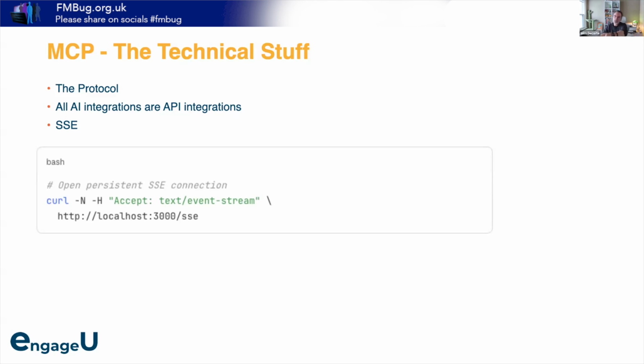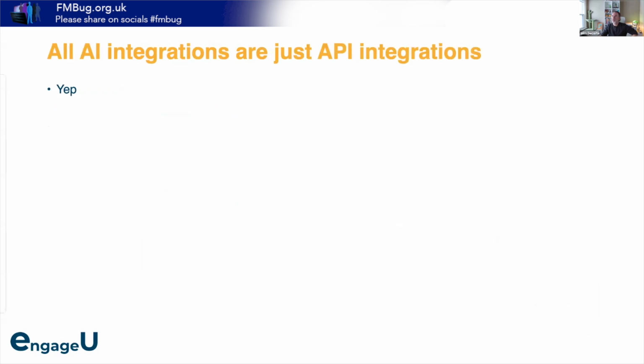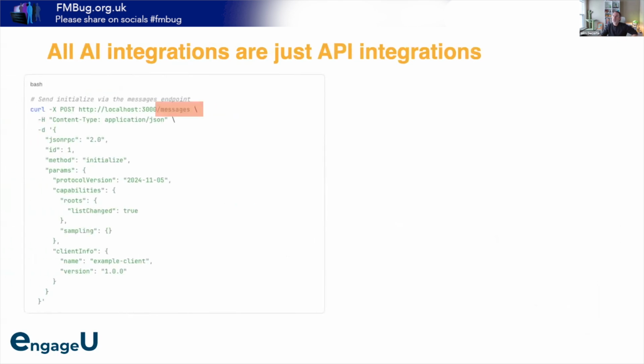In my case, it's localhost on 3000, doesn't really matter. And the MCP server will reply with just an HTTP response like you're used to from any other API, and it will say, "Hey, there's a messages endpoint there that you can use." Right? And then the AI application will use that messages endpoint to say, and this is JSON, like any other API integration that you've done, here's some things that I want you to do. Right? This is sort of like the handshake.